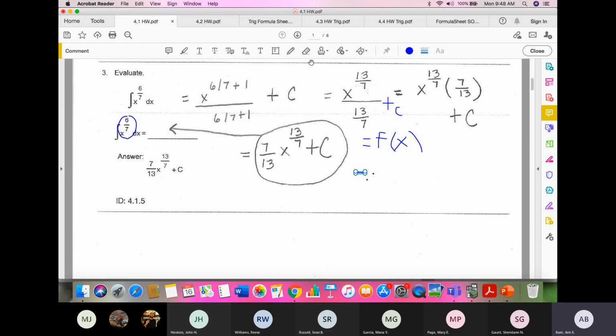Oops. I don't remember exactly how to do this. Let me see if I can do it. Okay, I think I can handle this now. So we've got our function, we want to differentiate and see what happens.